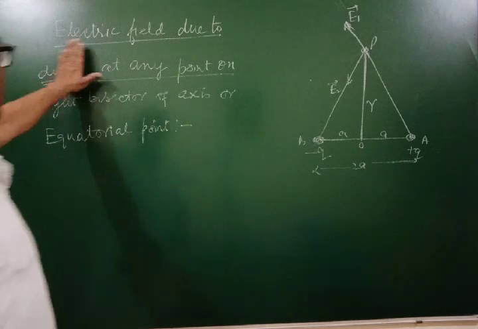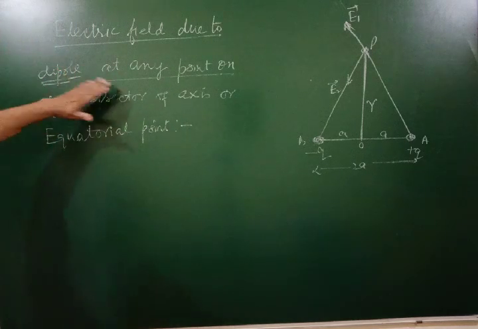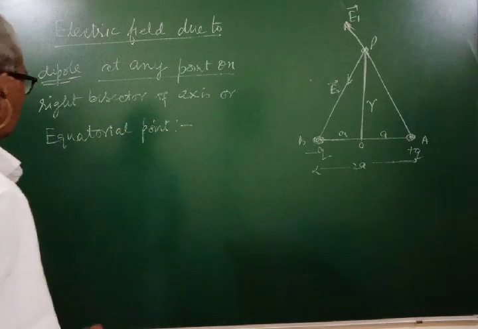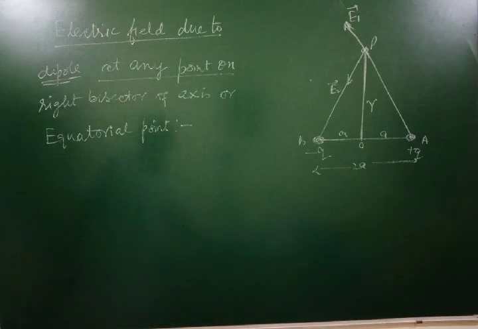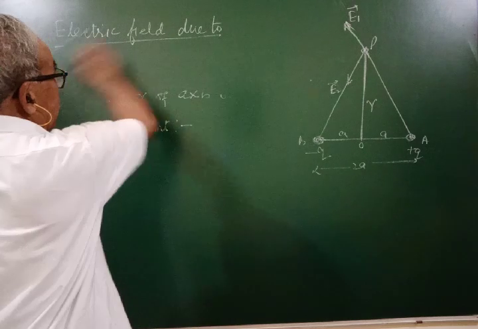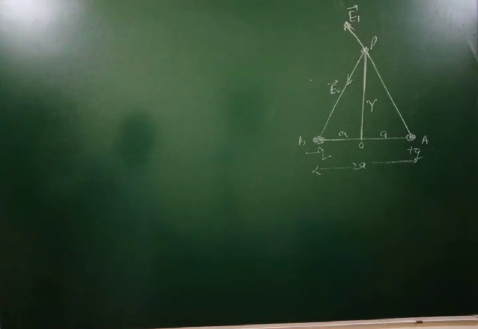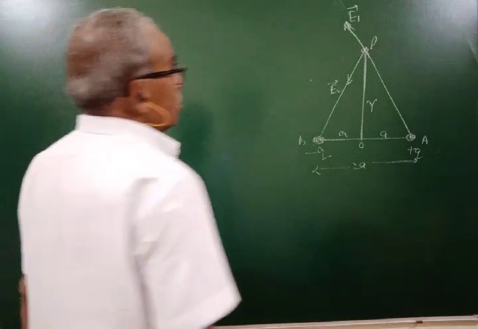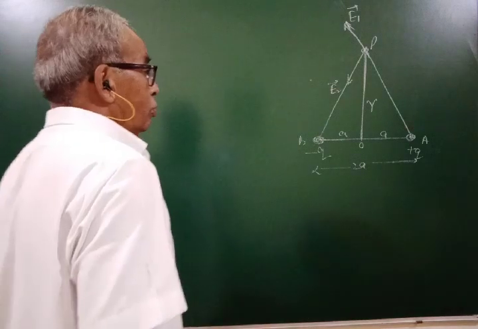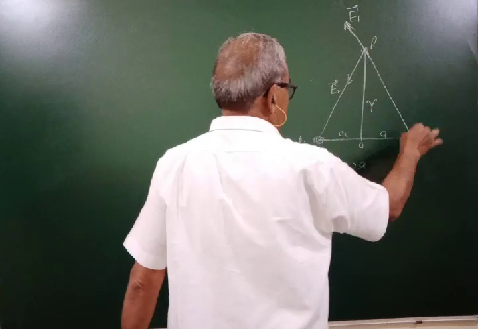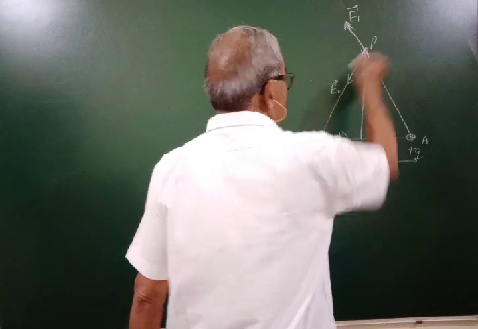So this heading is clear: electric field due to dipole at any point on the right bisector of the axis, or equatorial point. I am rubbing this heading because I need the board clear. The magnitude of this distance, because it is right bisector, AP equals PB.